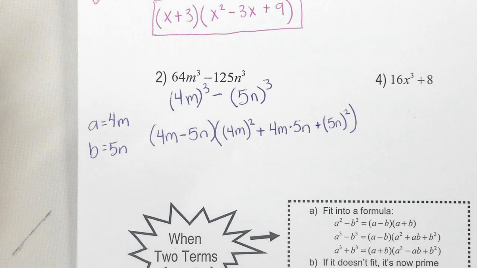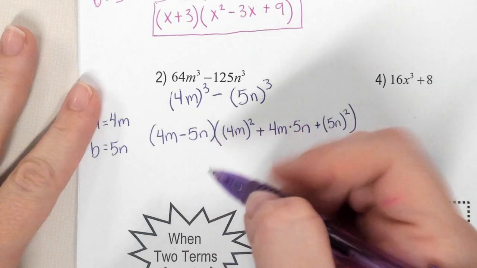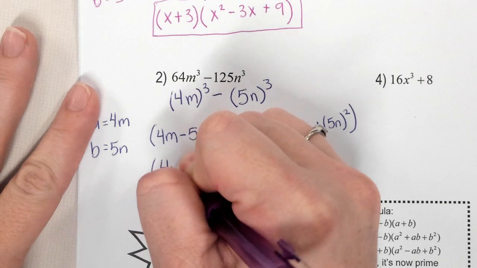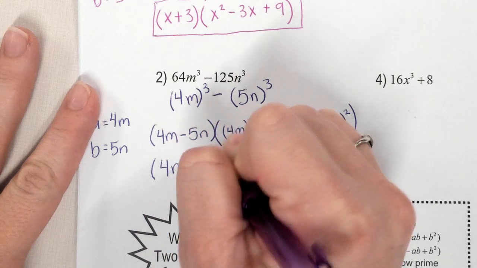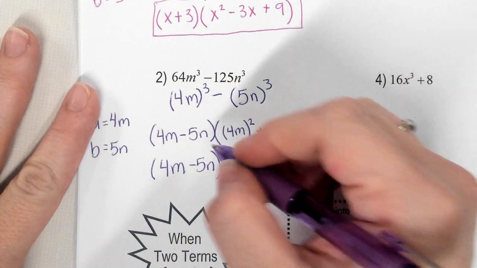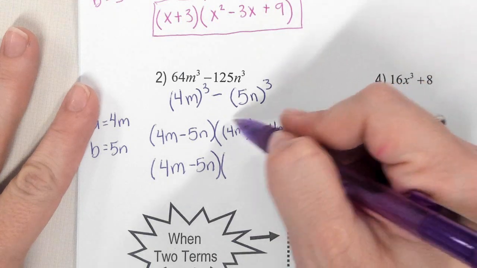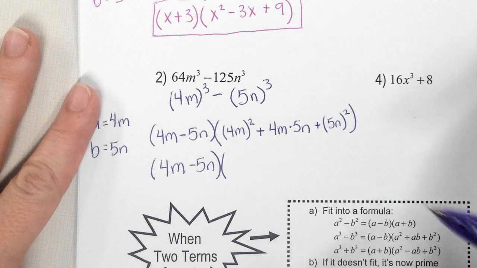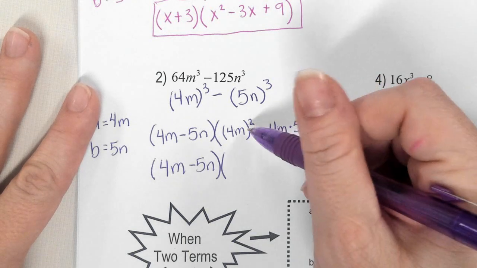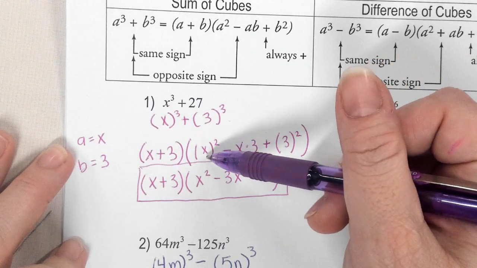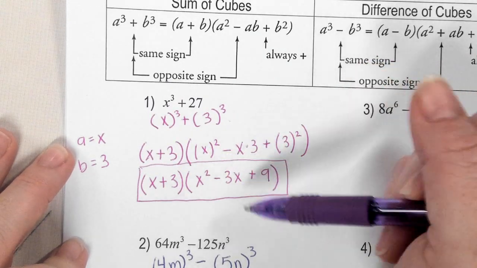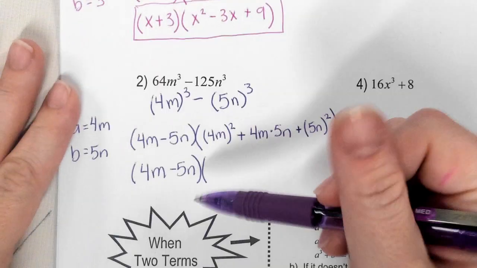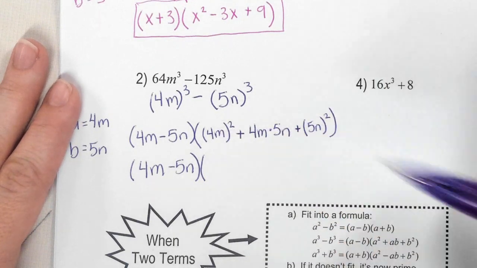And now we're going to simplify. My first parentheses doesn't simplify. Okay? Now, when you have a coefficient and a variable inside parentheses with an exponent on the outside, you have to give the exponent to both. Now, on number 1, you just had a variable, so you just gave the exponent to the variable. But here you have both, so they both get the squared.